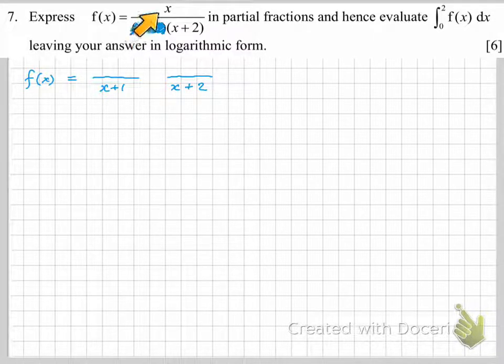So minus 1 divided by 1 gives us minus 1, and that tells us what to put on the top of that. For the second, to work out what goes here, think what value of x makes this 0, minus 2. And we're going to substitute that in, again, just cover up this one this time, and substitute minus 2 in here. Minus 2 divided by minus 1 gives us 2. A quick way of doing those ones.